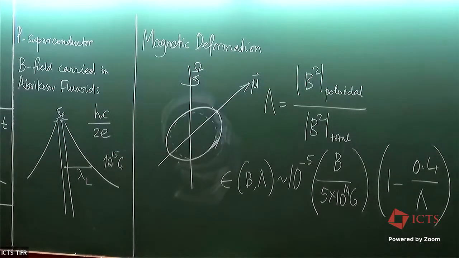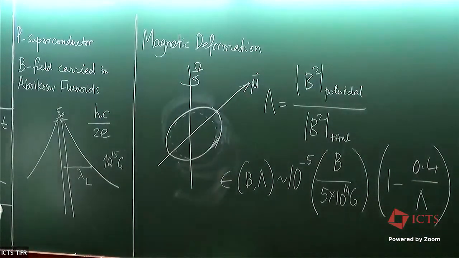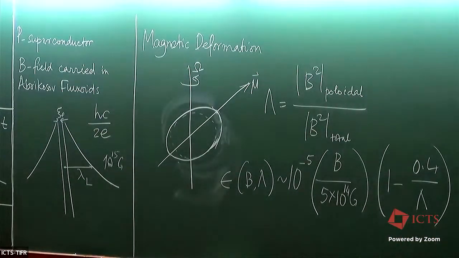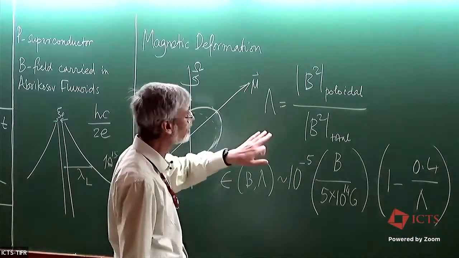Now, if you have a pure dipole field, lambda is 1. Everything is in poloidal component. But there is no guarantee that the magnetic field in the inside of the star is purely poloidal. You can also have a strong toroidal component. If you have fully toroidal component, then B poloidal is 0, lambda is 0.